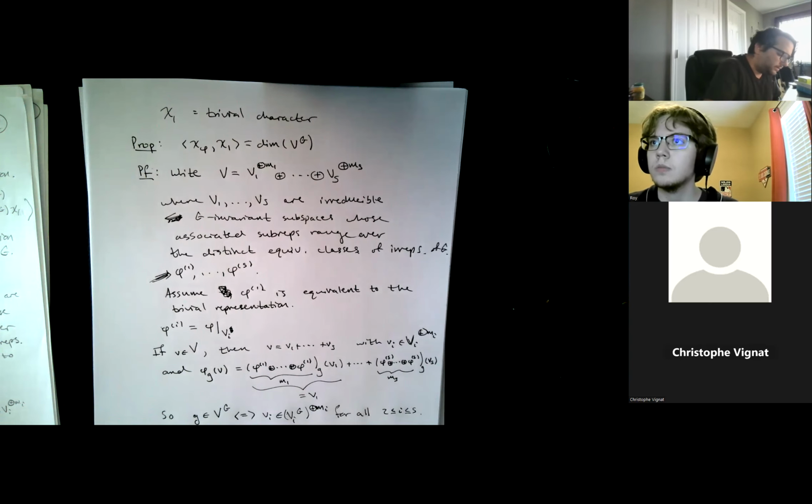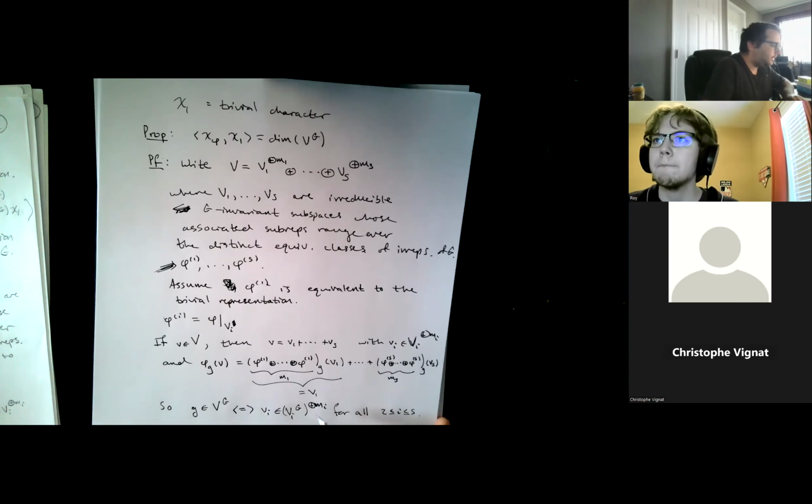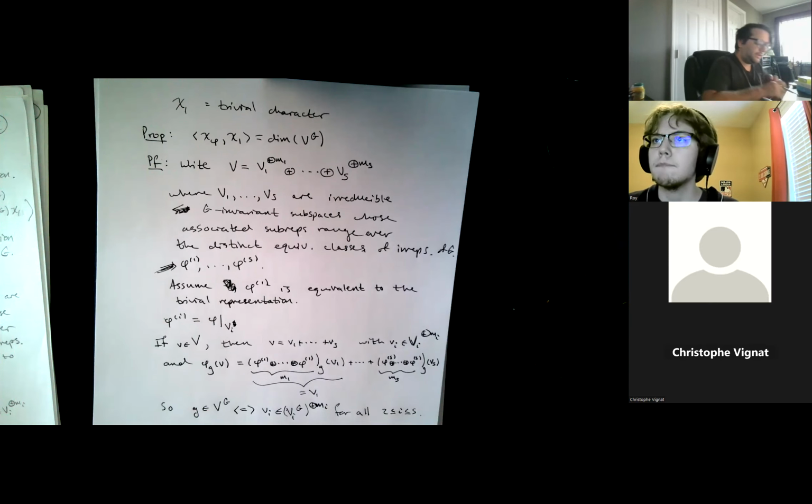Okay, so v is in V^G if and only if vi is in Vi^G direct sum mi times. Okay, so if this is the case, then the rest of these will produce just vi. Okay, this should be a v.